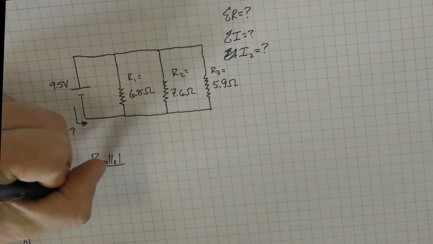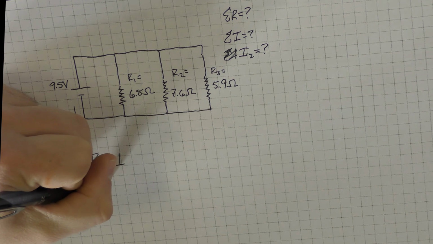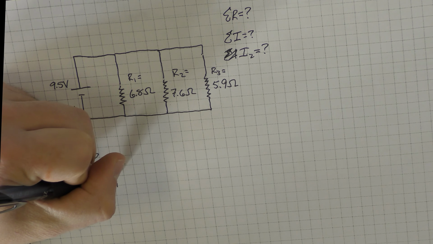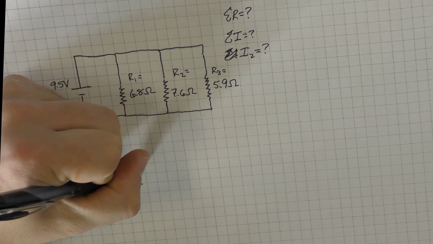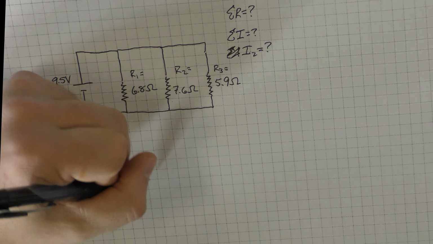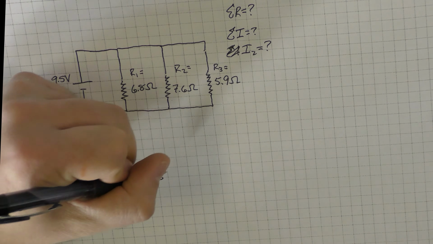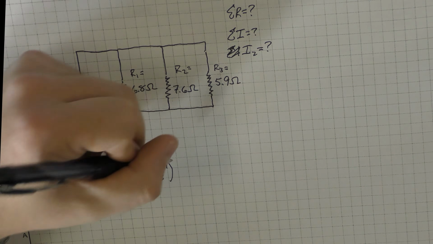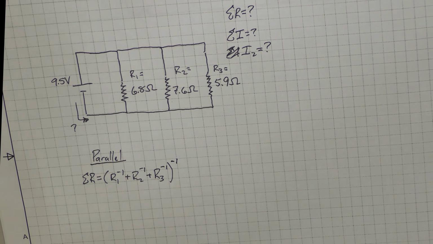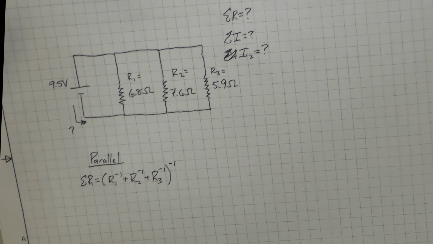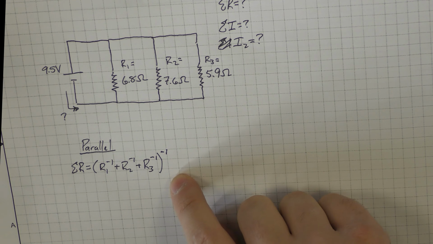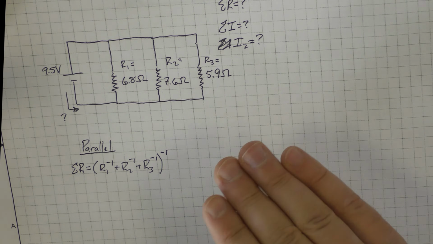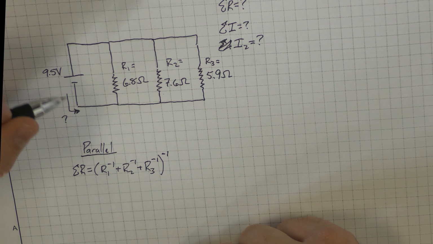The total resistance is equal to the inverse of resistor 1 resistance, plus R2 to the negative 1, plus R3 to the negative 1, and then we take that sum to the negative 1. We're just going to use it and move on for now.